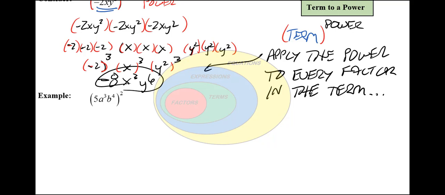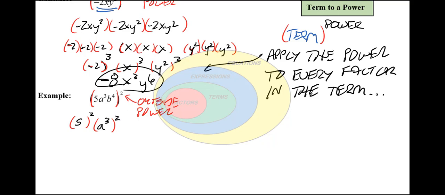Again, we notice the parentheses and this outside power of 2. So we're going to take every factor in the term. So we have a factor of 5, and we're going to apply the power of 2. We have a factor of a cubed, and we're going to apply the power of 2 to that.